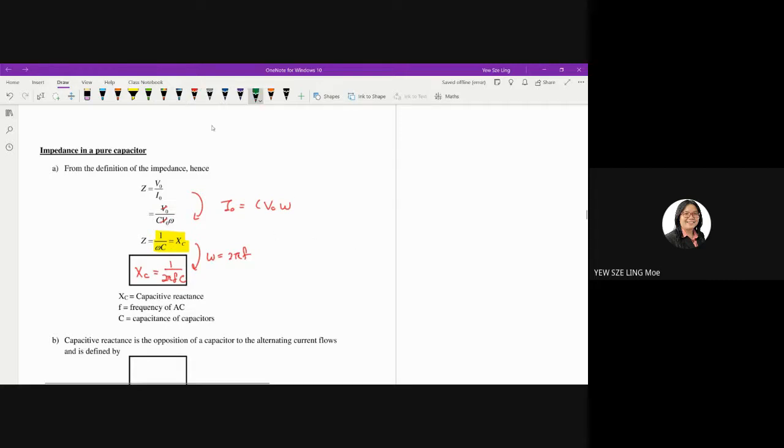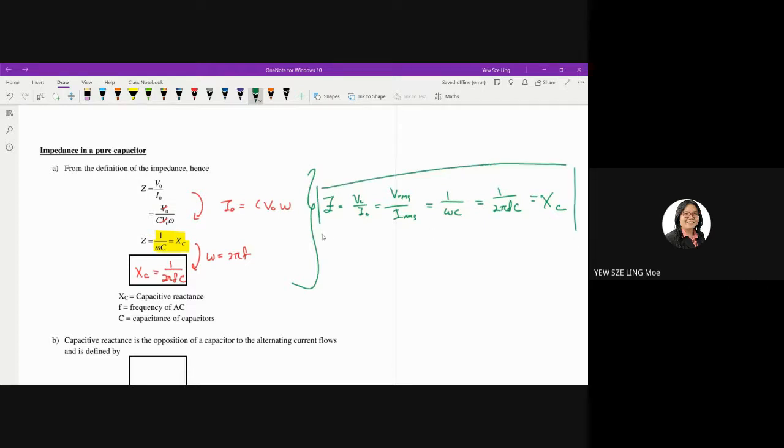When it comes to a pure capacitor, Z can be calculated by V naught over I naught, by V RMS over I RMS, by using 1 over omega C or 1 over 2 pi f C, or straight away equal to XC. All these can be used to calculate impedance or capacitive reactance.